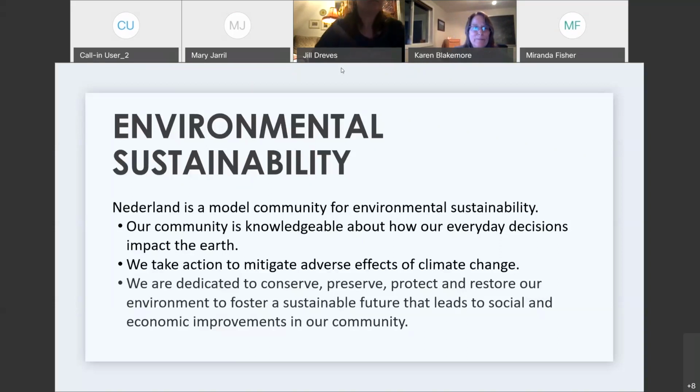But to be sustainable economically has an effect on the environment. To be sustainable in housing has an effect on the natural environment. So to be sustainable in the environment has an effect on the economy, housing, all of the other things.